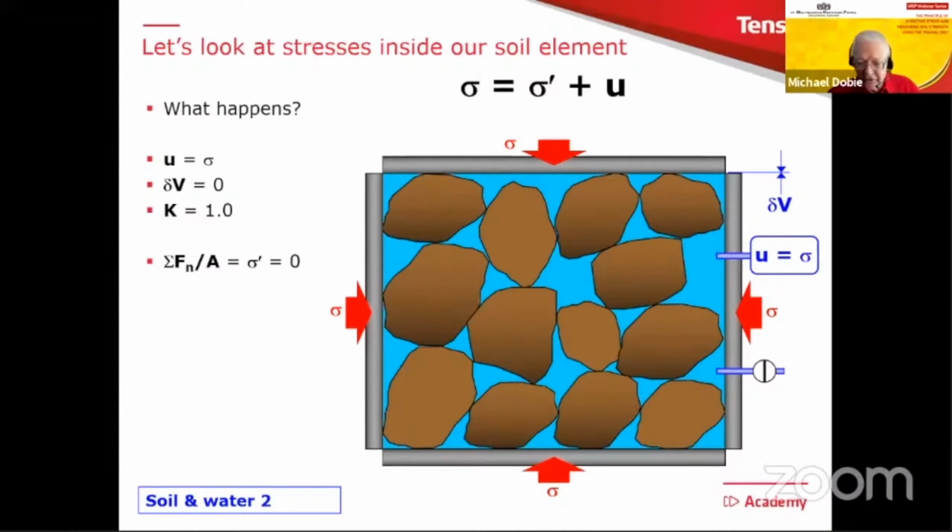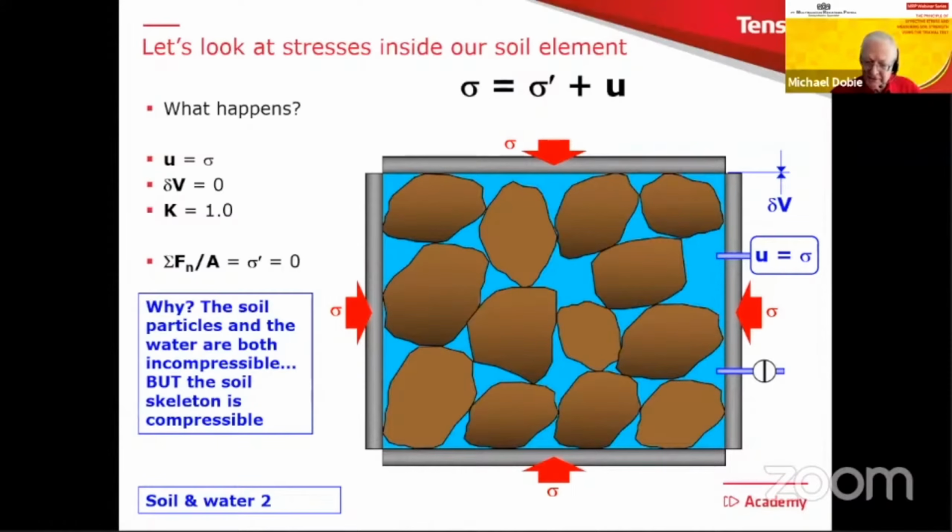So all the sigma, all the stress is carried by the water. And this is kind of really important place. And that's what that little blue message is telling you there. So the important point is the soil skeleton is compressible, but the rest of the system is incompressible.